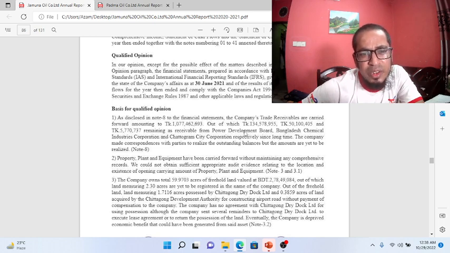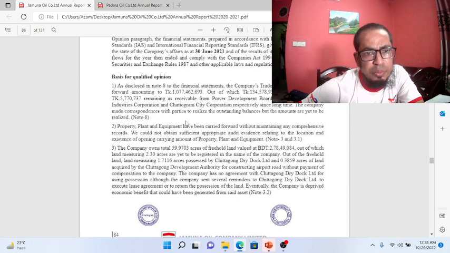These are big figures, and a big sum is due from PDB, Bangladesh Chemical Industries Corporation and City Corporation. This long due outstanding balance is yet to be realized.